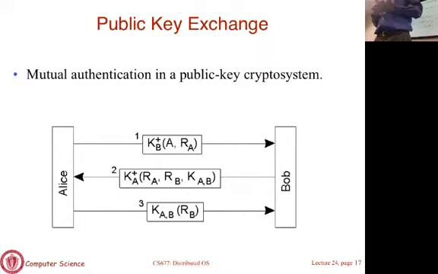Whether you use Kerberos or SSH, this is the basis of what is going on underneath. Even the process of setting up an SSL connection between a web browser and a web server involves some of these message exchanges. It uses public key cryptography. It also uses this notion of a digital certificate, which I'll show you as well.